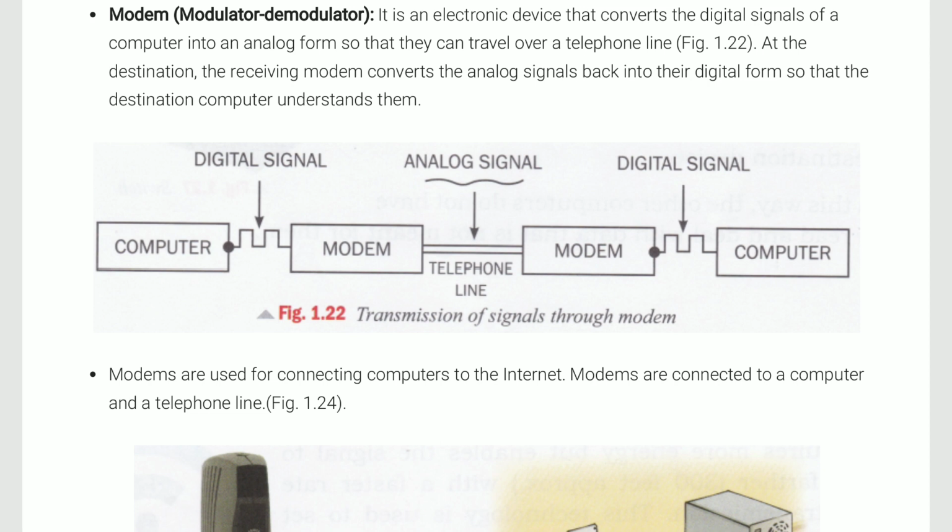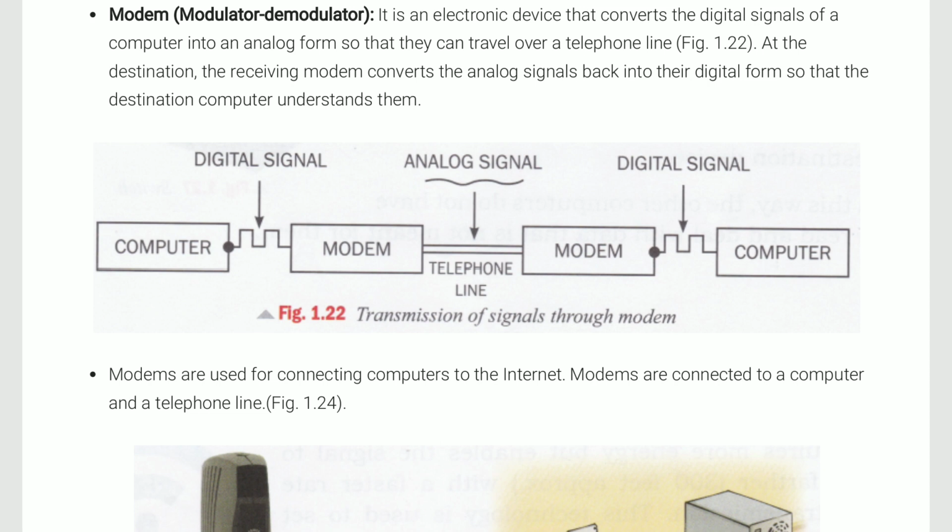At the sender's end, the modem converts the computer's digital signal to an analog signal so that the data travels through wires to the destination system. And as the analog signal reaches the destination end, the modem present at the destination end reconverts it into its digital signal.